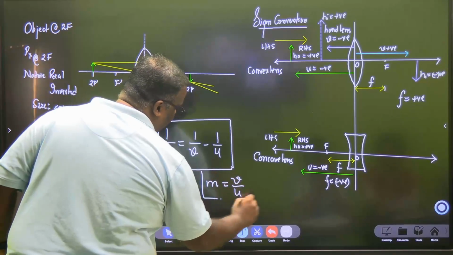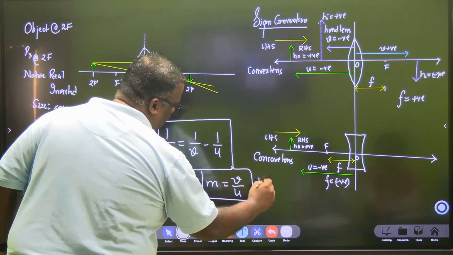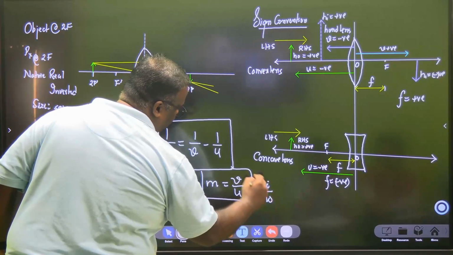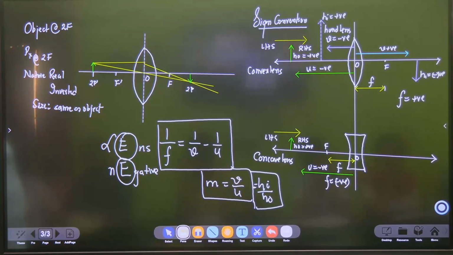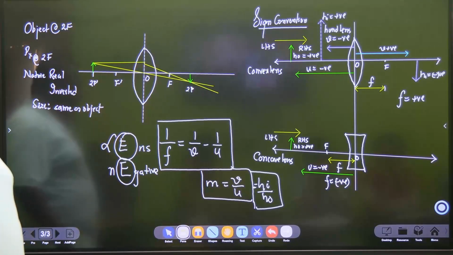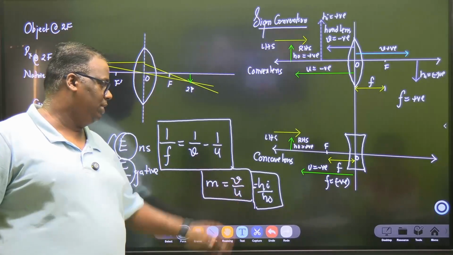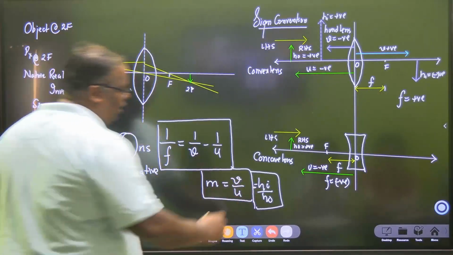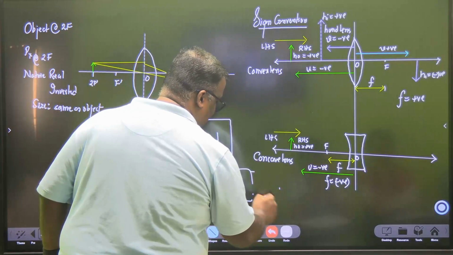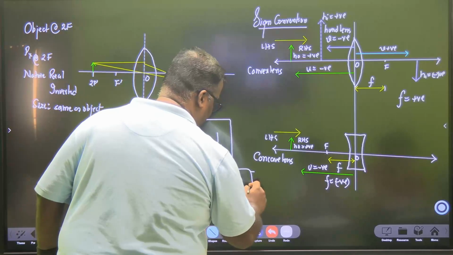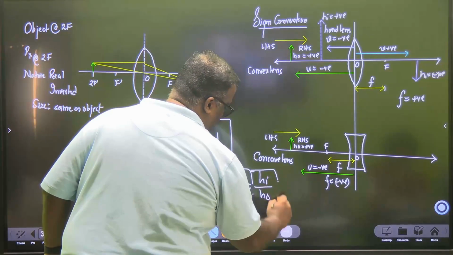That negative goes away, and it can also be written as the height of the image over the height of the object. Two things to be taken care of: negative comes here in the formula, negative goes away here in magnification. It's just height of the image over height of the object, HI over HO.